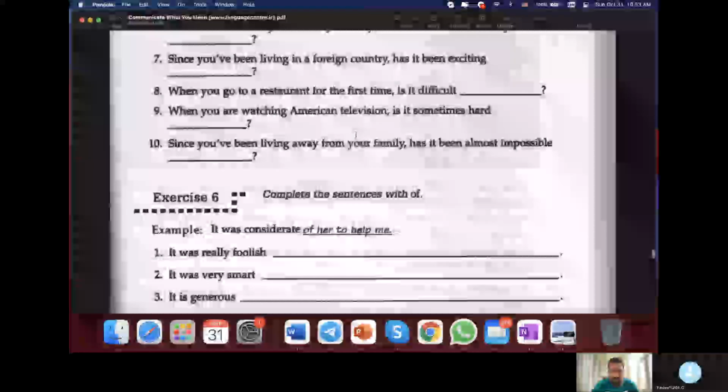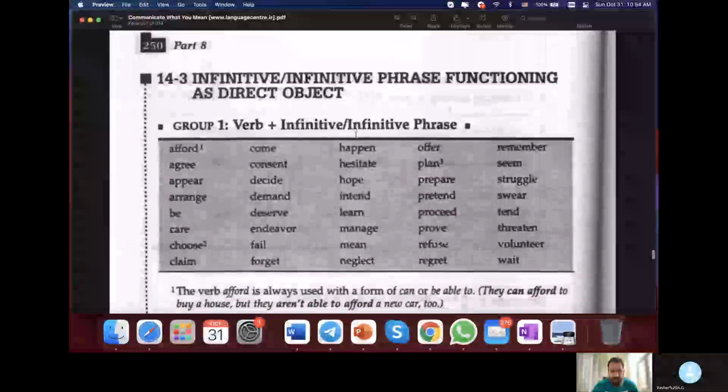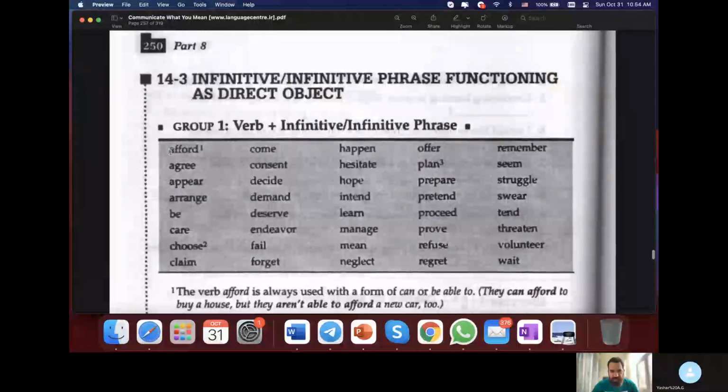I just want to say them very briefly, and then we have some verbs. With these verbs you should use to. For example, I can't afford to buy a car. I agreed to help him. With these verbs, we use to. Should you memorize them?